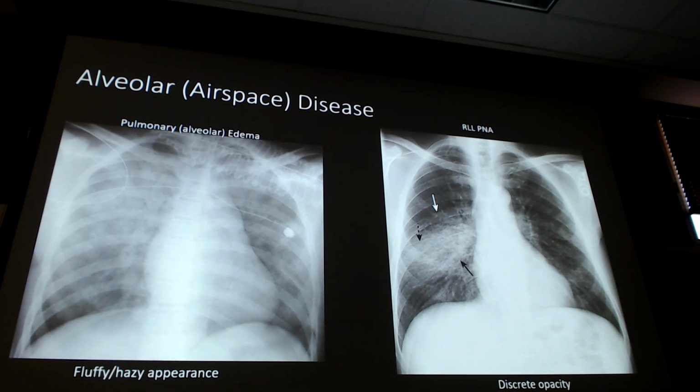What that is, is that pneumonia is causing inflammation and fluid within the alveolar space, and that fluid is basically like a background for where the little bronchioles are going, and so it's causing an air bronchogram. It stands out because of the fluid, and you can see that little tree branch. That's what an air bronchogram is.